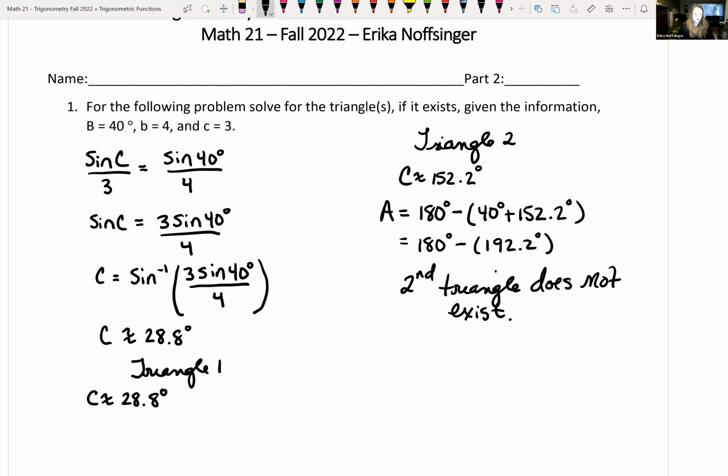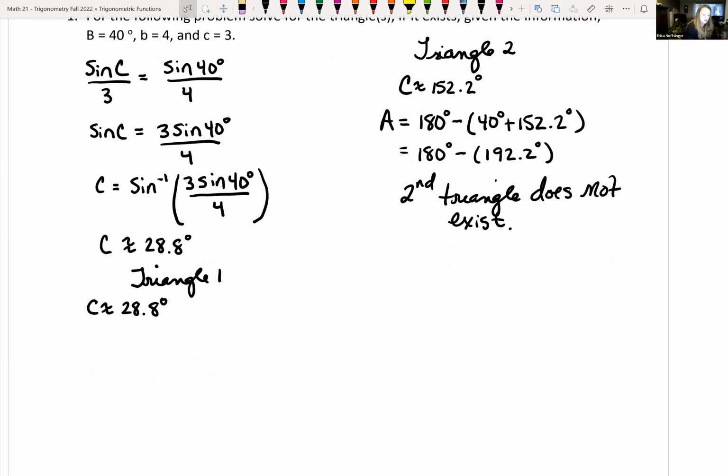So if you're working through this, I want to see that the second triangle doesn't exist. If you don't show me that, then you'll get some points knocked off on that problem. Okay, so let's go back to triangle 1 and make sure that that one exists. So again, we can figure out what angle A is. We know A is equal to 180 degrees minus the sum of the angles we know, which is 40 degrees plus 28.8 degrees.